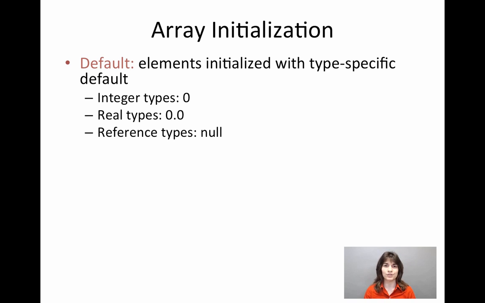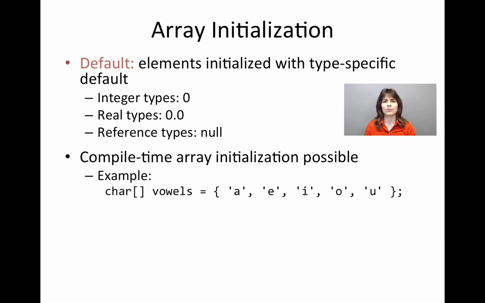In the same way also, we create an array of type double. All of the elements of the array, as soon as that array is created, will have the default initial value 0.0. If we have a reference array, all of the elements of that newly created array will have the value null. This is the default value for references.